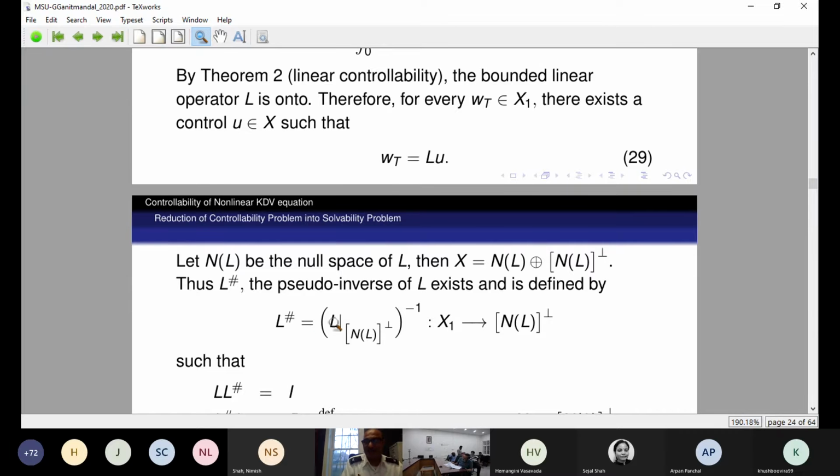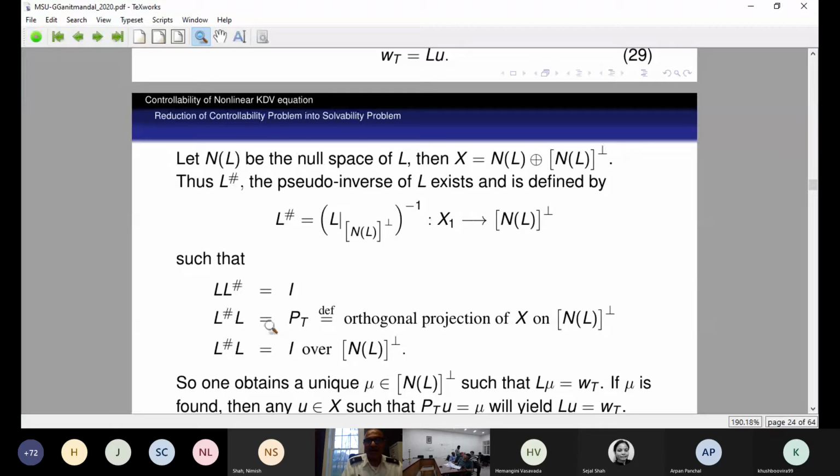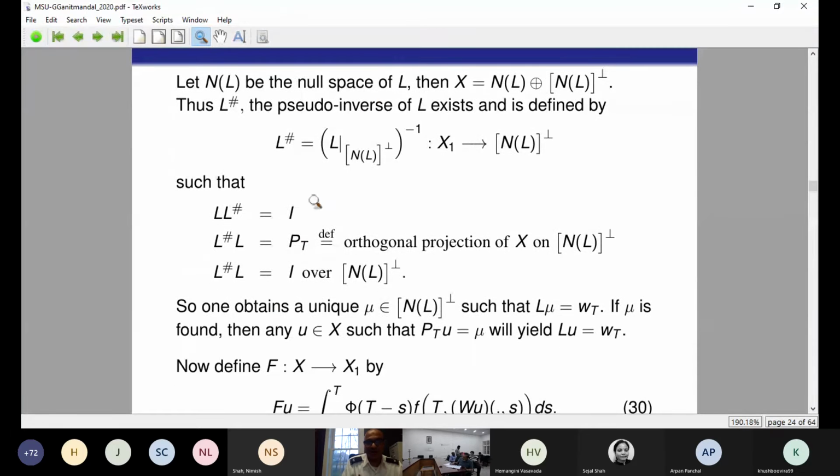So L has is defined over the NL part, not from X1 to X, but on the NL part, as I told you, the restricted space, such that L has L is the orthogonal projection of X onto the NL part, and L has L is equal to identity over the NL part. And once you get that, one can obtain the unique nu in the NL part such that L nu equal to WT.